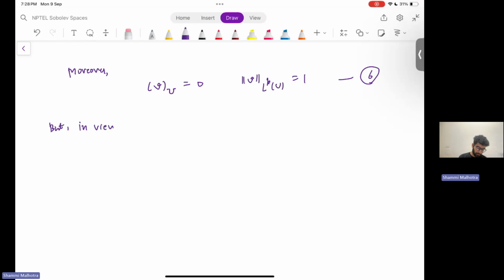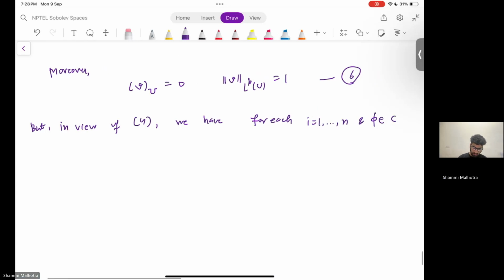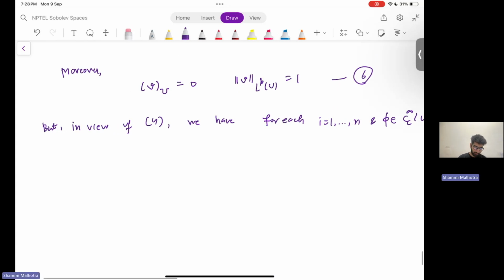But in view of 4, we have for each i from 1 to n and phi in C_c infinity of U that the integral of v times the derivative of phi with respect to x_i dx is the limit as k_j tends to infinity of the integral of v_{k_j} times the derivative of phi.